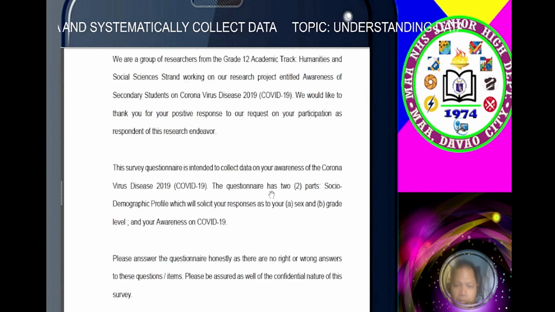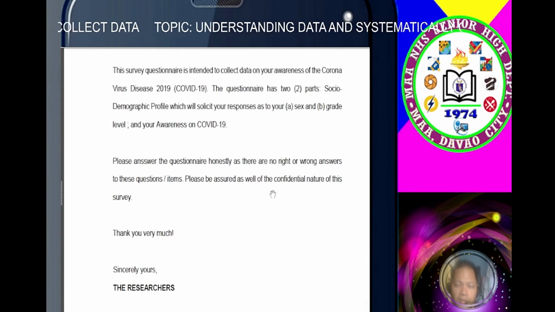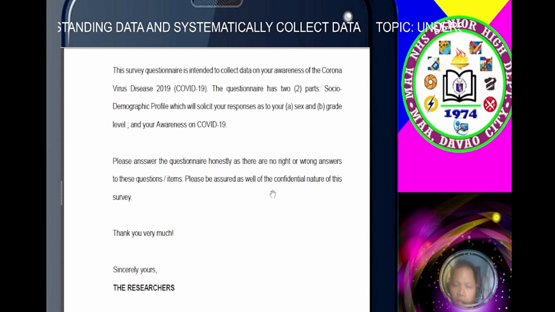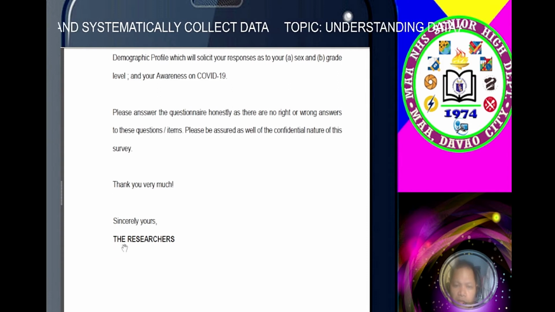This is an example of your letter to your respondents. You will attach this to your questionnaire as the first page, so that your respondents can know what the study is all about and who the researchers are. Here in the researchers part, you will write your names.